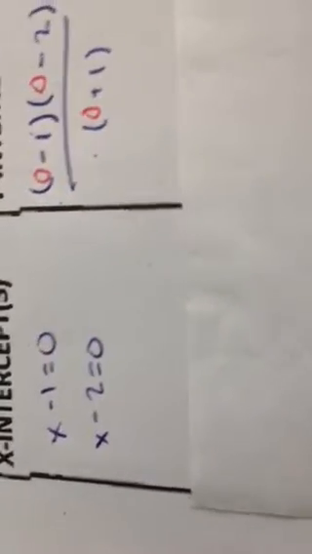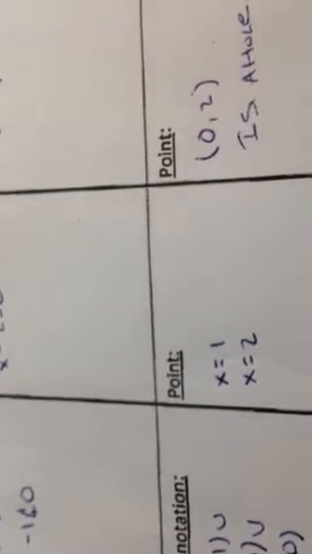To find the x-intercepts, we set the numerator of the simplified equation equal to 0. So we get x minus 1 equals 0 and x minus 2 equals 0. And our x-intercepts will be at 1, 0 and 2, 0.